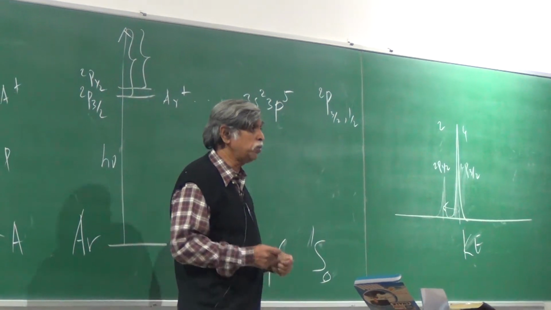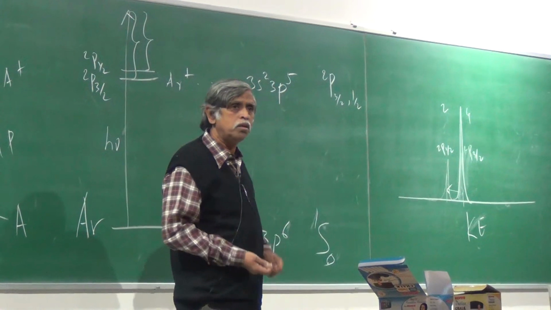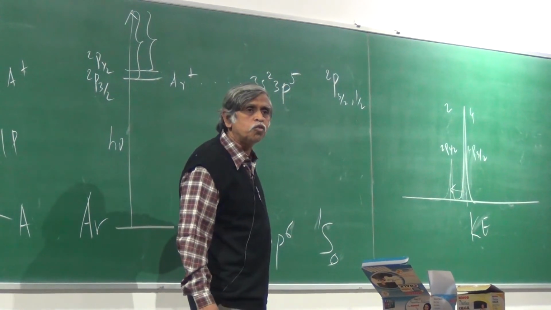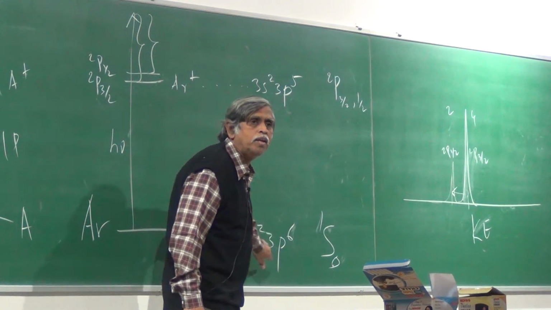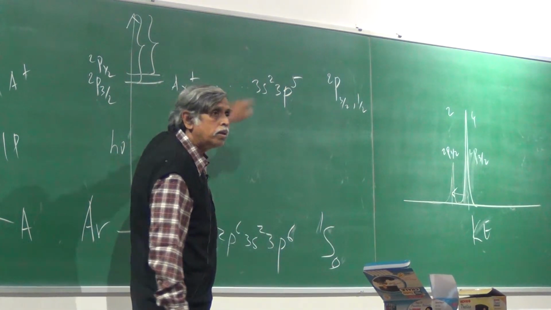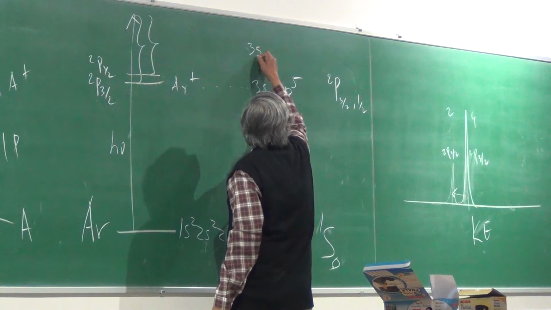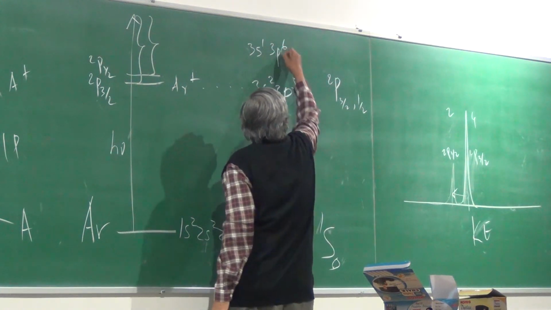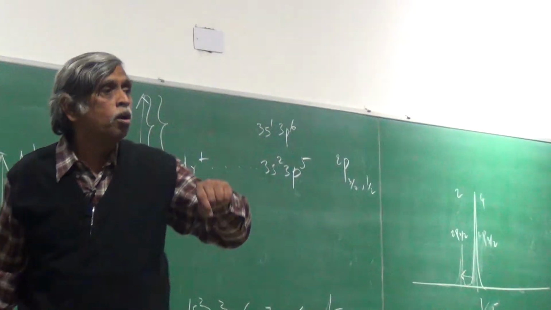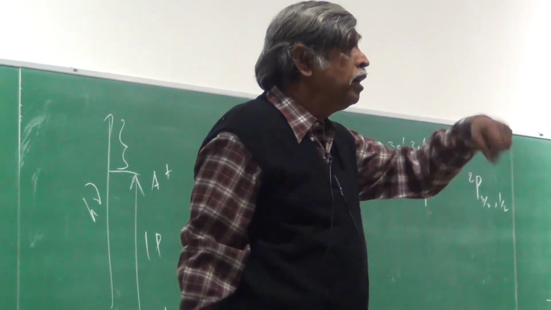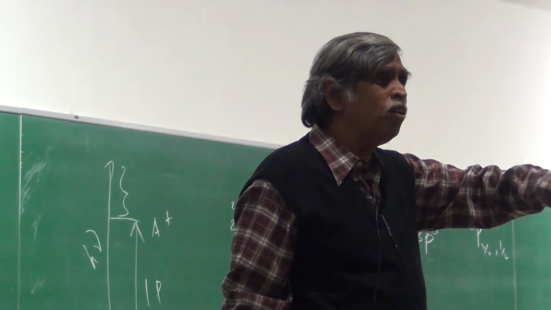But when I have given so much energy, what is possible? I probably can remove this also. If I remove this one instead of this one, then what is my electronic configuration up there? 3s1, 3p6. In other words, I have removed one of the inner orbitals. If I remove one of the inner orbitals, is it more energy demanding or less energy demanding?